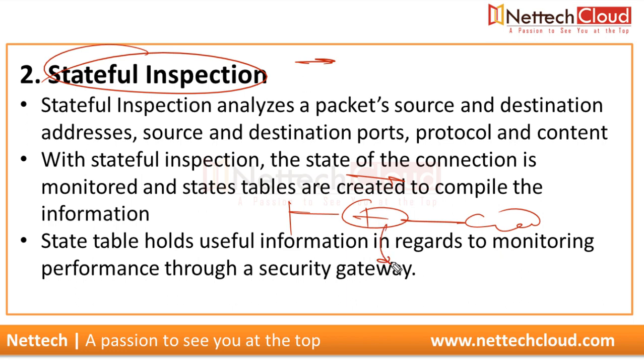No, if it allows the traffic, it immediately takes down the information from the packet, like the source IP, destination IP, source port, destination port, protocol number, and the flag in case of TCP based applications, and sequence number, and it's written down here in the session state table.